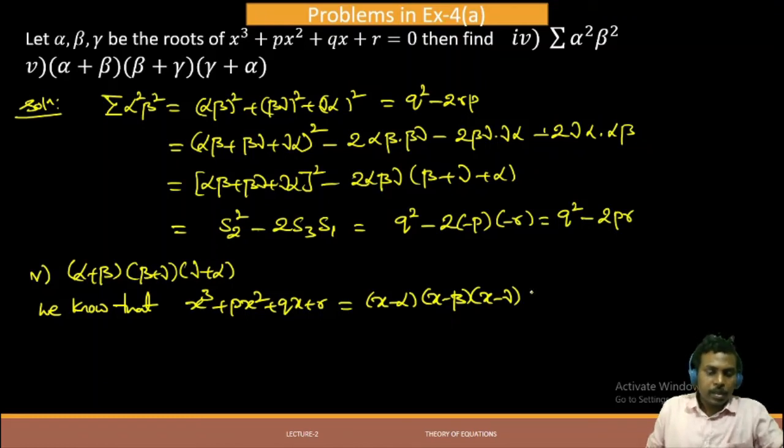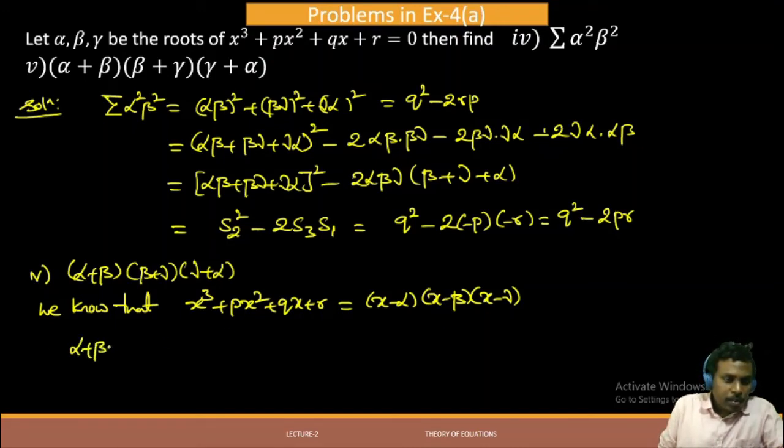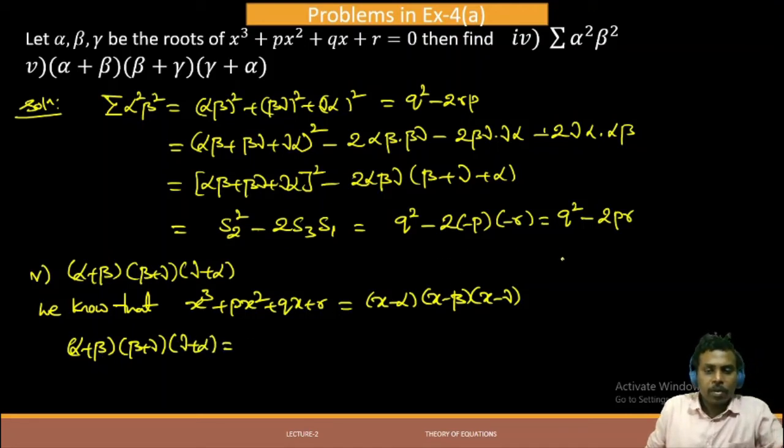Okay, so let us find out this quantity alpha plus beta into beta plus gamma into gamma plus alpha, that is equal to, we know that alpha plus beta plus gamma is equal to minus p here.